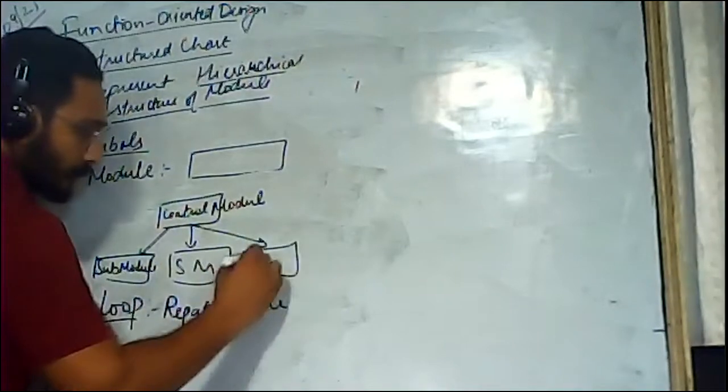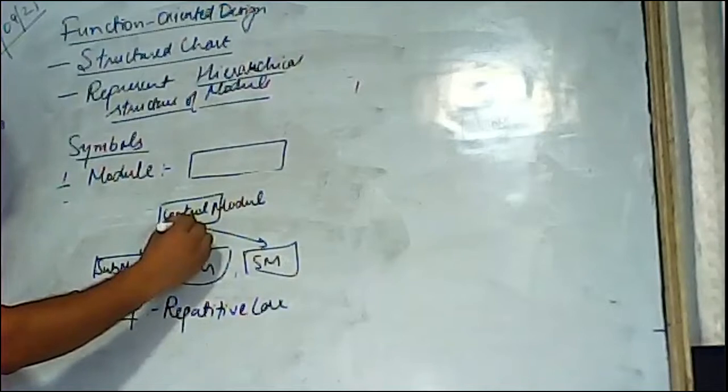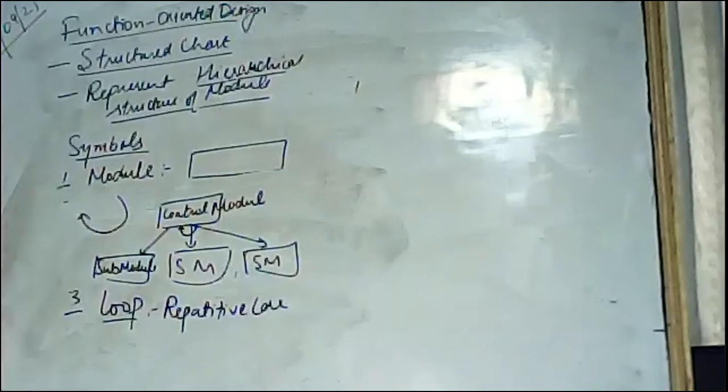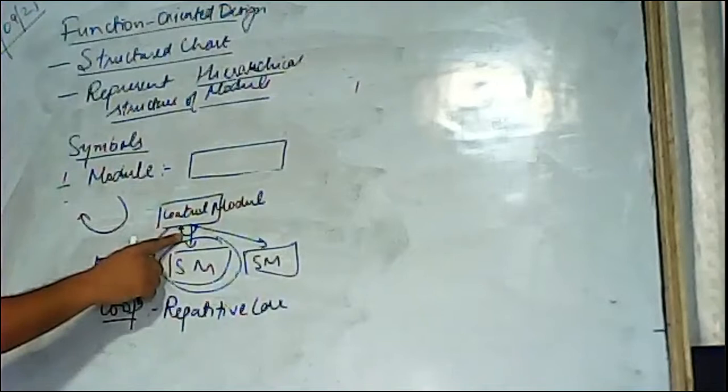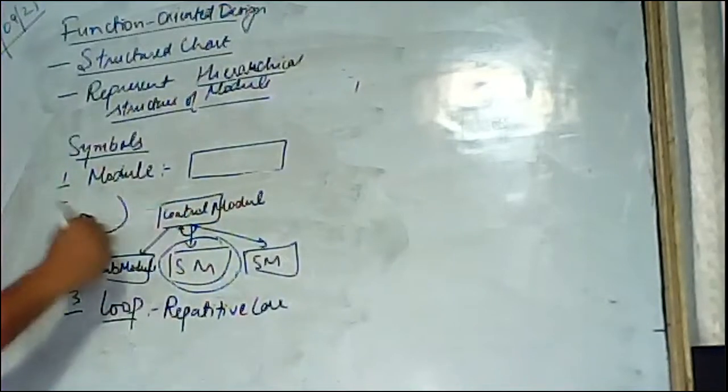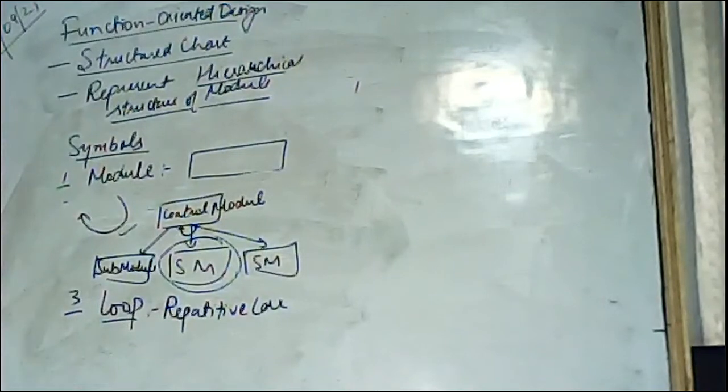This is also a sub module, and this is also a sub module. If the loop symbol is used, it means this sub module is repeated, that is, it is repetitive, so I will use a symbol like this. This is for your loop. This module is repeating many times, and for that the symbol used is a curved arrow. This is for loop.